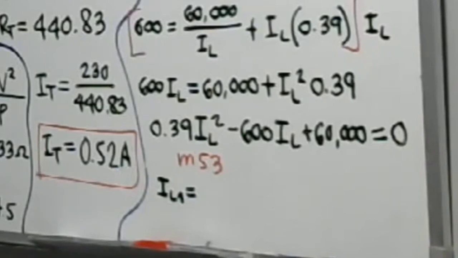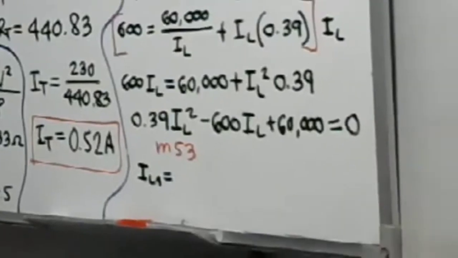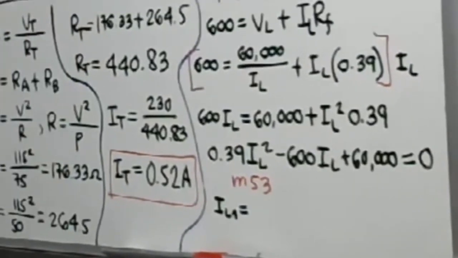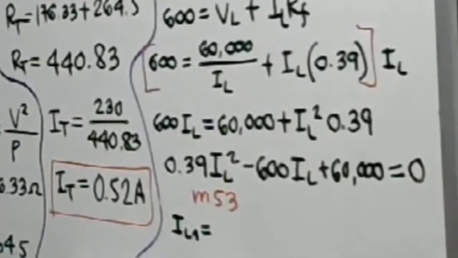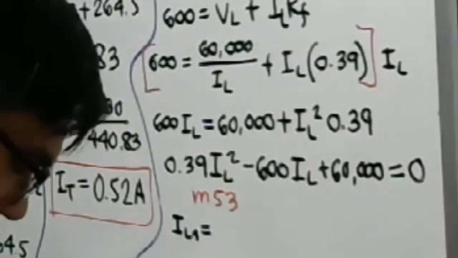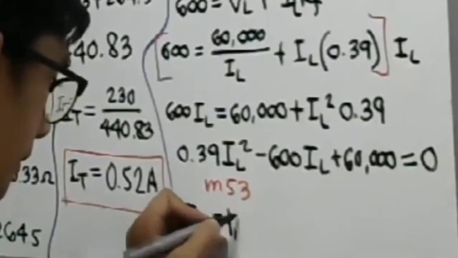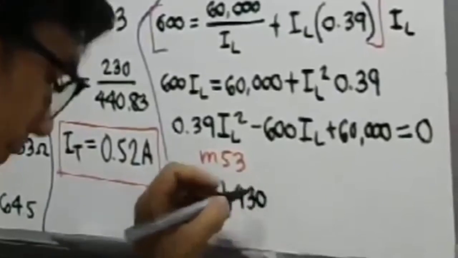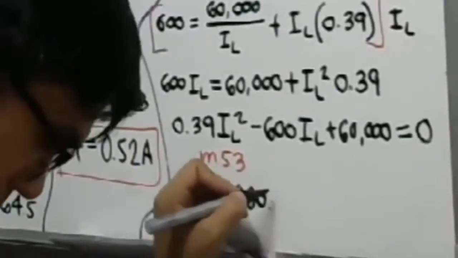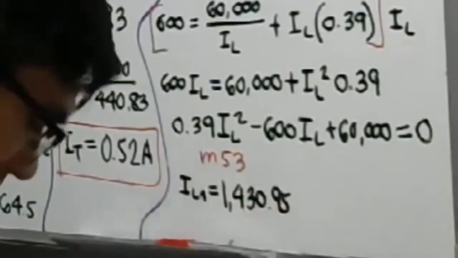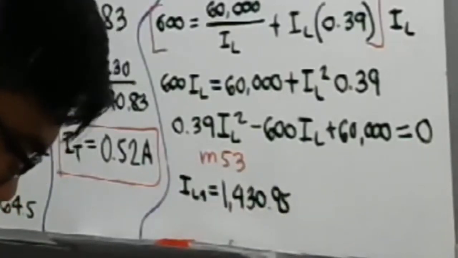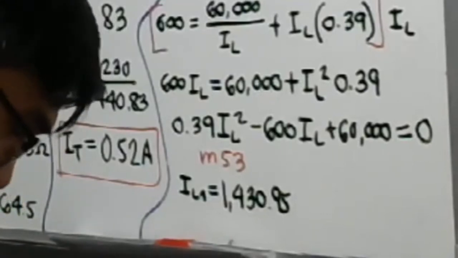So we have 0.39 equals, negative 600 equals, and then 60,000 equals. Okay, this is 1430.95. Then we have two values actually, and the other one is 107.5.